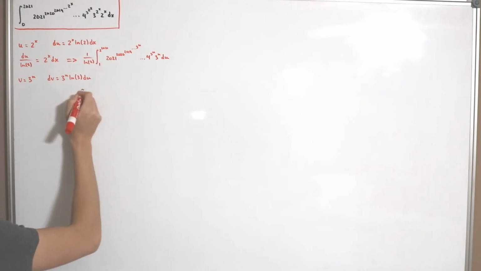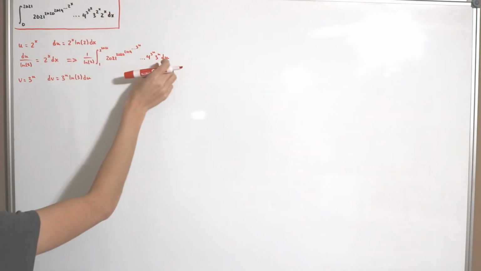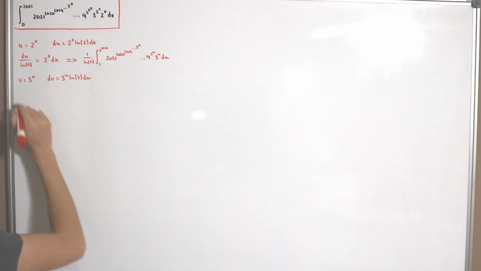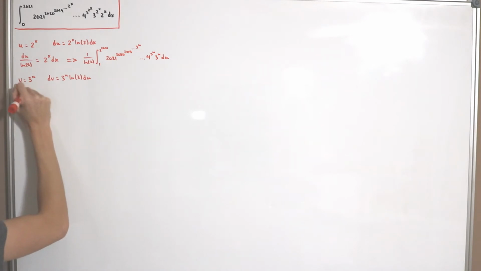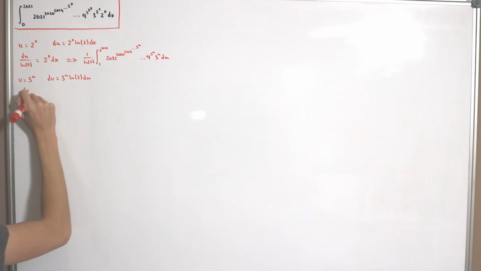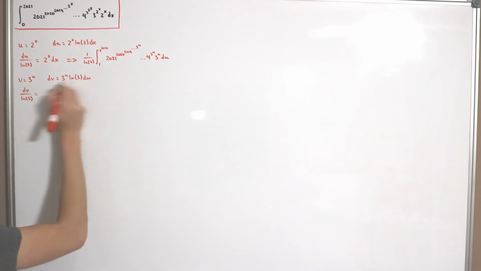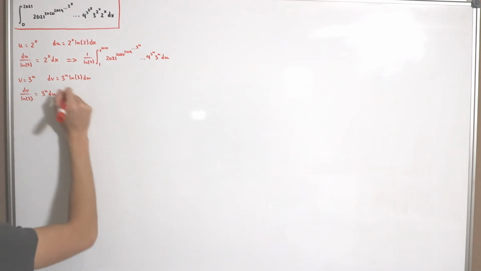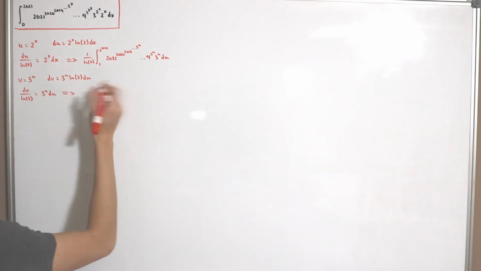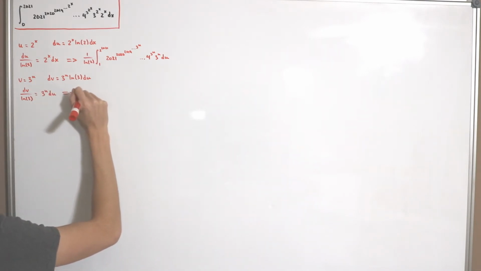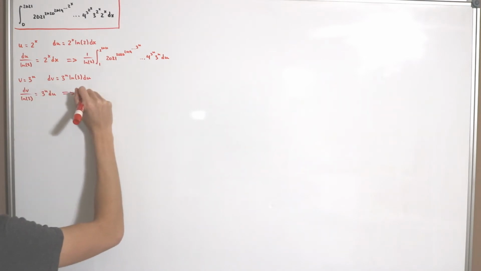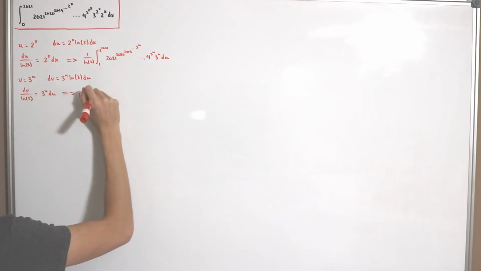I'll divide both sides by ln of 3 so we can substitute for 3 to the power u du. So I get that dv divided by ln of 3 is equal to 3 to the u du. Then we do the same thing just like before, and factor out the constant in the denominator, ln of 3.